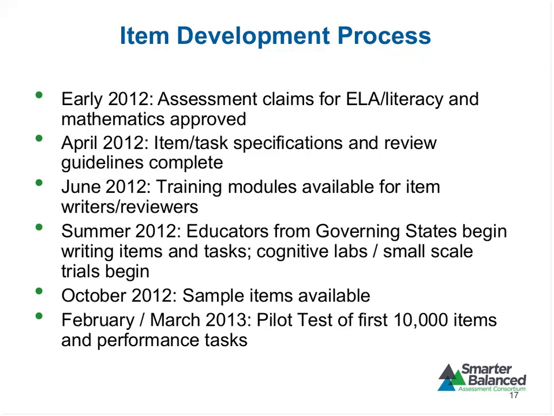We produced items for a field test to look at how the scoring and the computer aspects work, and we are in the middle of producing the pilot test for the first 10,000 items. It's reduced now to closer to about 6,000 or 8,000, but nevertheless, it's a huge number of items for the pilot test. Okay, next slide.